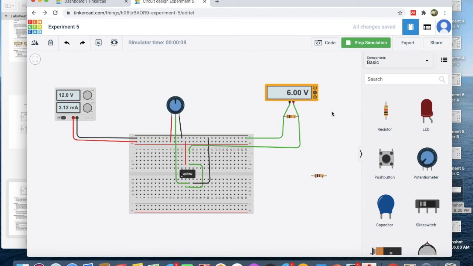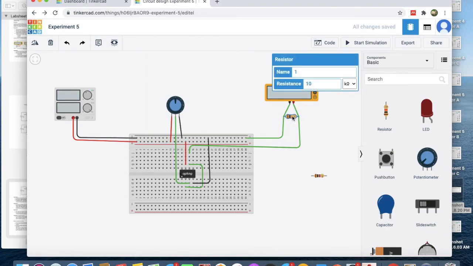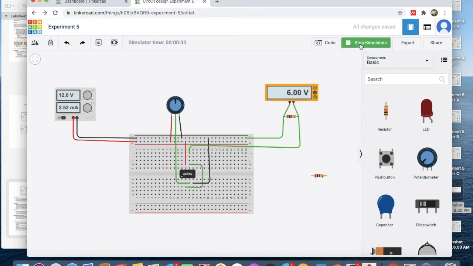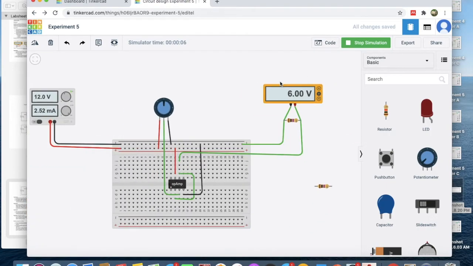The next multimeter I'm going to use is meter B. So I'm just going to change the resistance to suit meter B. And still I'm getting 6 volt. Okay.